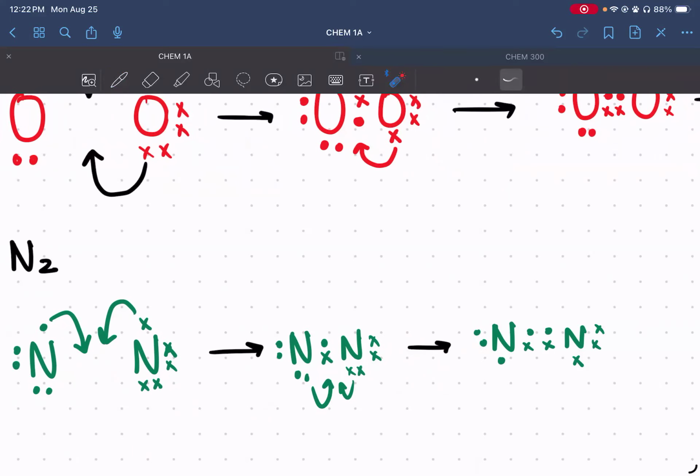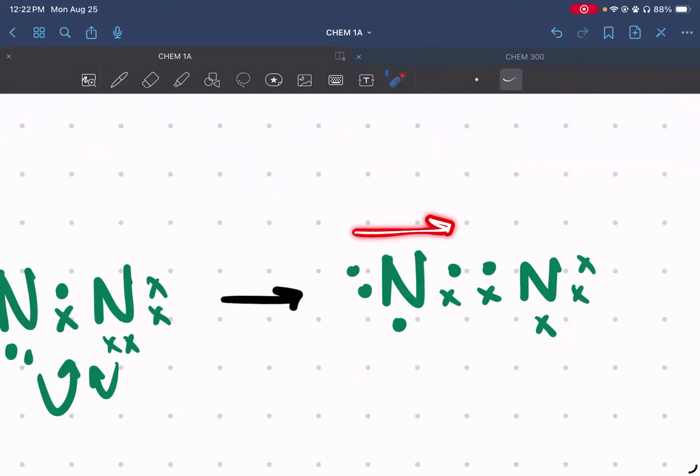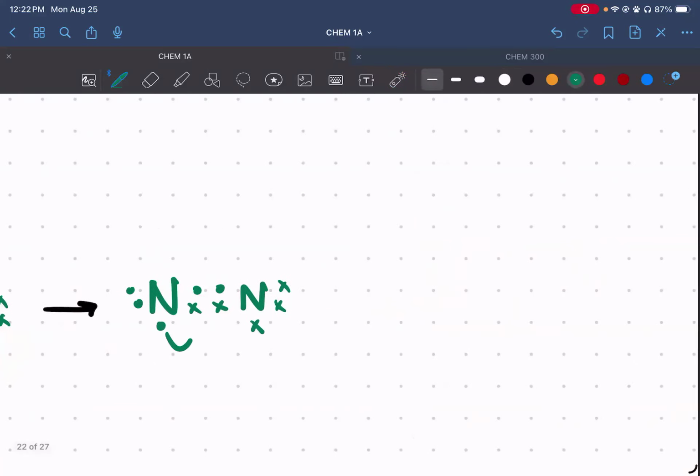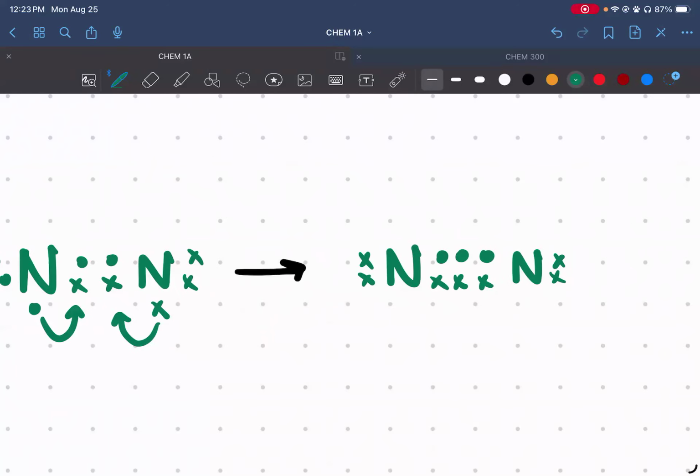All right, counting electrons, we see from the perspective of the left nitrogen 1, 2, 3, 4, 5, 6, 7. From the perspective of the right nitrogen 1, 2, 3, 4, 5, 6, 7. We're getting closer. We're not there just yet. We're going to share it once more. Now, this final drawing over here on the right should get us there.